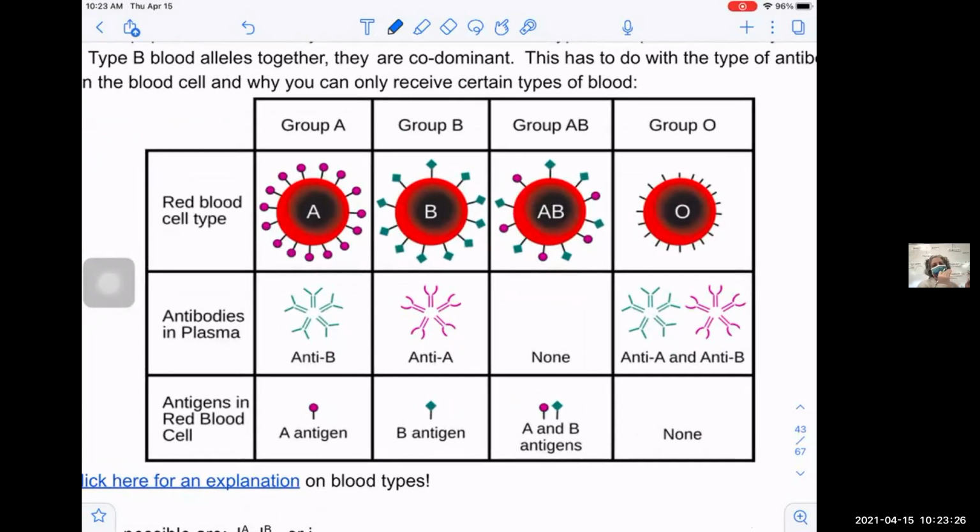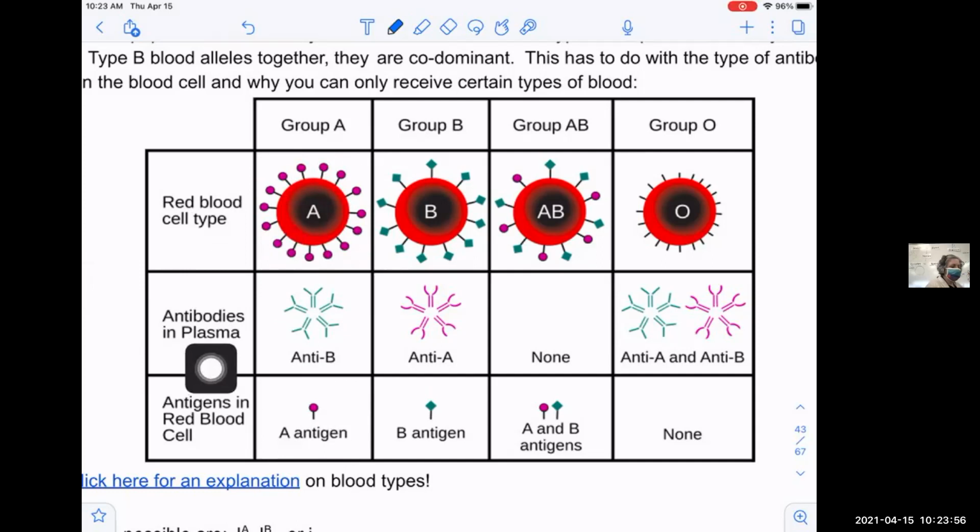Then there's also positive and negative, which has to do with another protein that you find on the outside, but I'm just going to talk about the 4 types of blood. So if you have type A blood, on the outside, you have these little markers that we call antigens for A. And this is how your body knows that this is your blood cell. This is the right type of blood for your body.